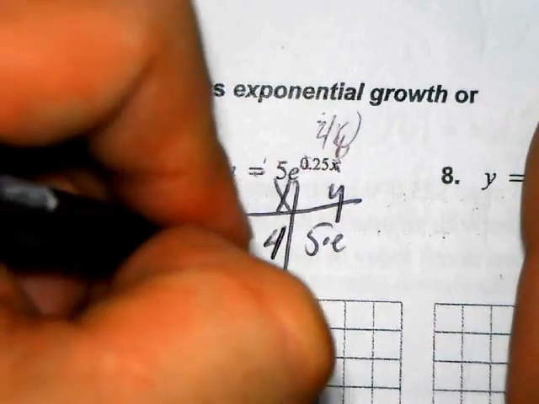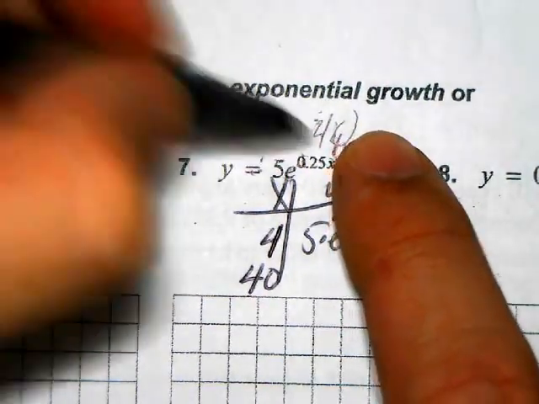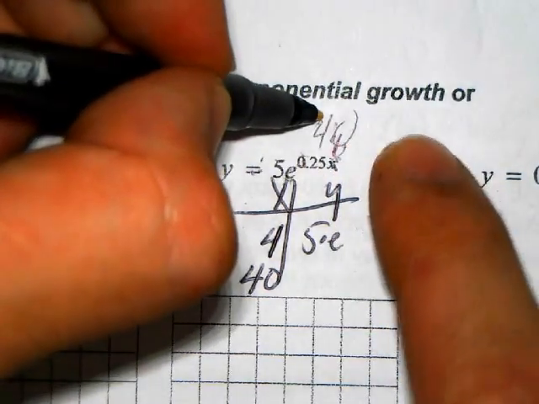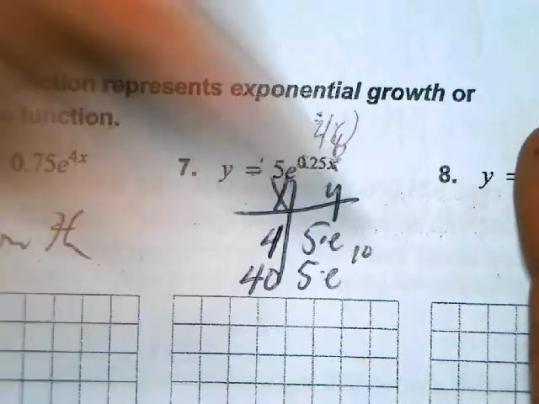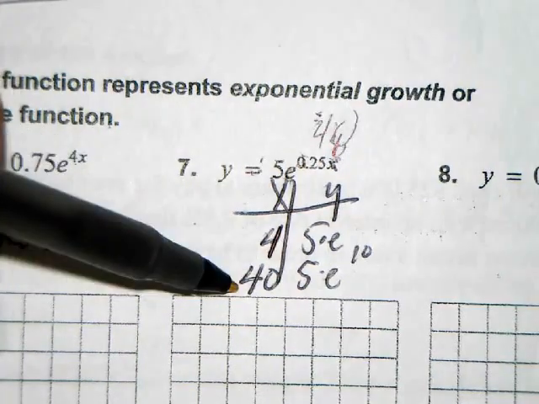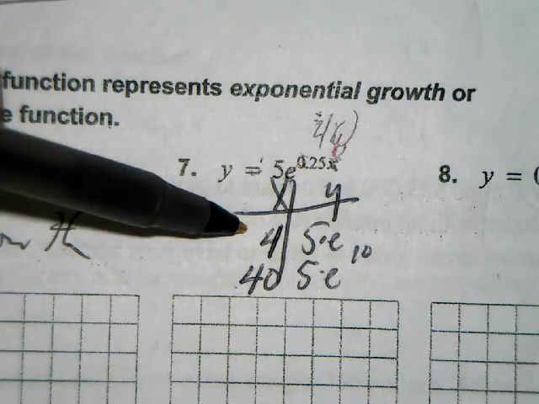Now if we put in 40 here for x, we said that 1/4 of this is going to be 10, right? So this is 5 times e to the power of 10. So which one's bigger? The second one, yeah? So are we growing or are we decaying? Good.